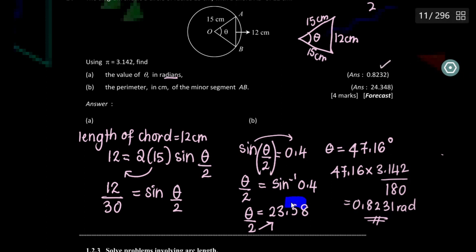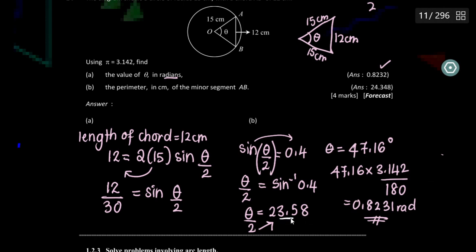Usually in this part, if you take fewer numbers, it will affect your last number. But don't worry, it's not too much of a difference. That's why it's good if you take more than 4 significant figures in this part, and then for the last answer you choose only 4 significant figures.